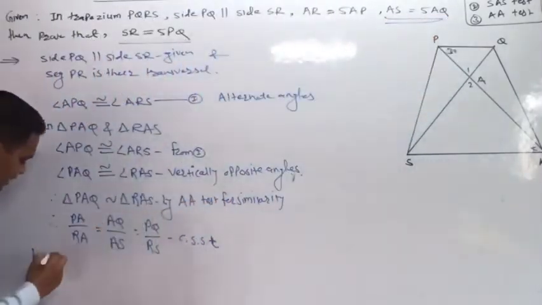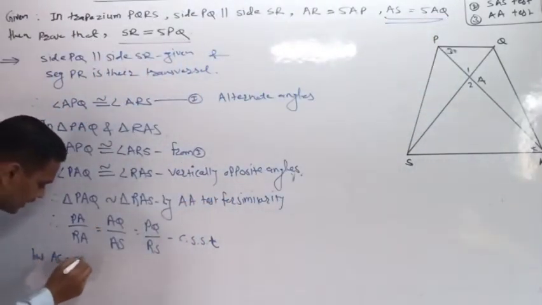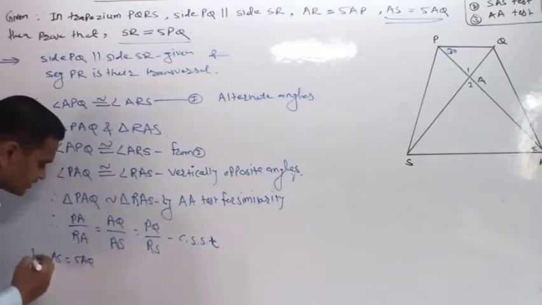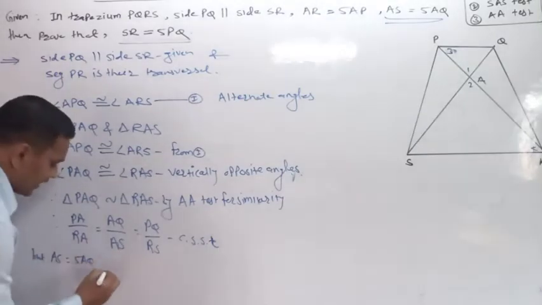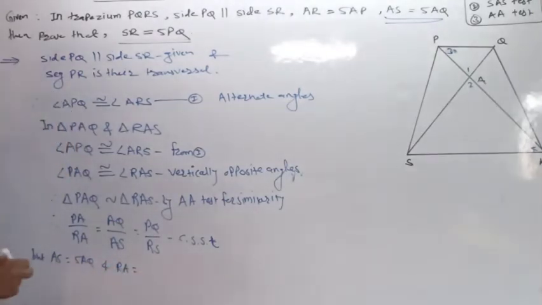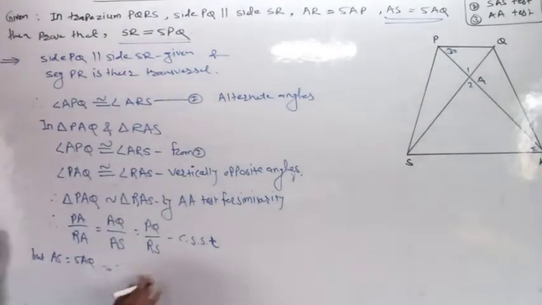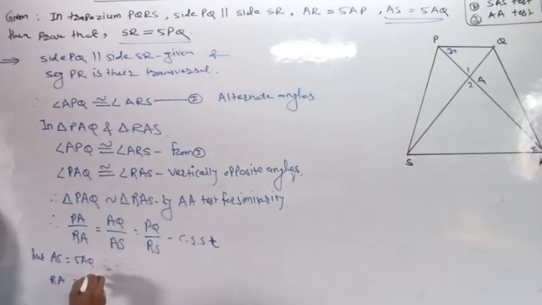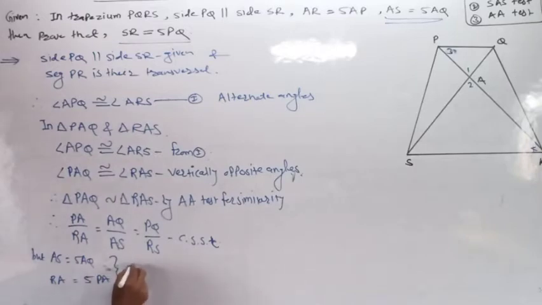But AS equal to 5 AQ. Understand? And RA is equal to 5 AP, it is here in the given.